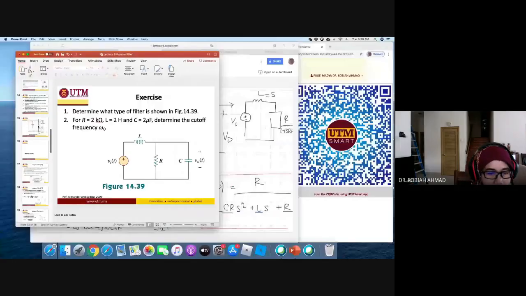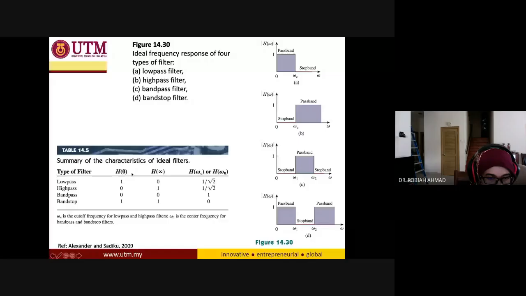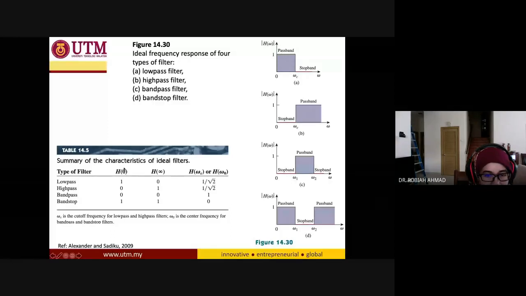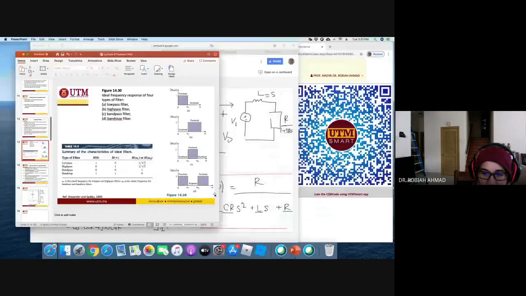Okay. What does this table say? Okay, so we look at the two conditions. When we put our omega equal to 0, what is the value of our H? And when we put our omega equal to infinity, what is our H? So from there, we can know what type of filter.